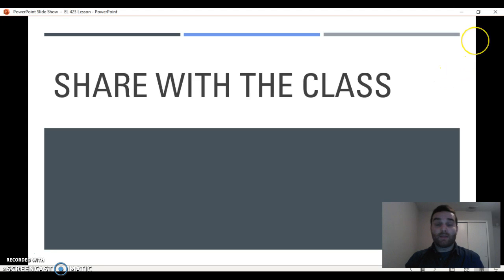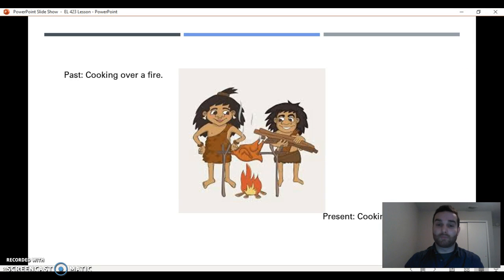Okay, if anybody would like to share with the class, now would be a great time. Any volunteers? Okay, so we have one student that drew a picture of two people cooking. So these people are cooking over an open fire. So cooking over an open fire may be done in the past, whereas in the present we're cooking in an oven or on top of a stove.